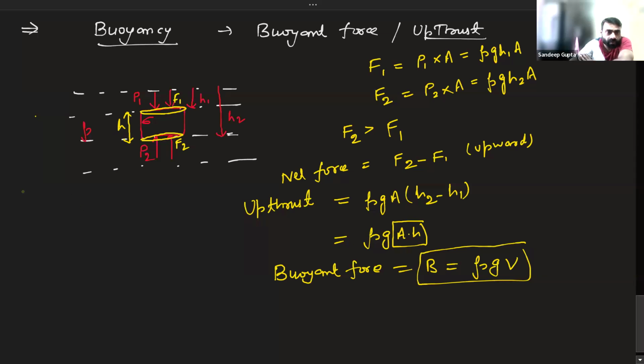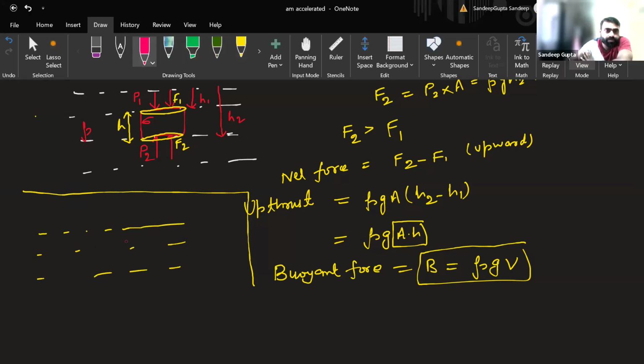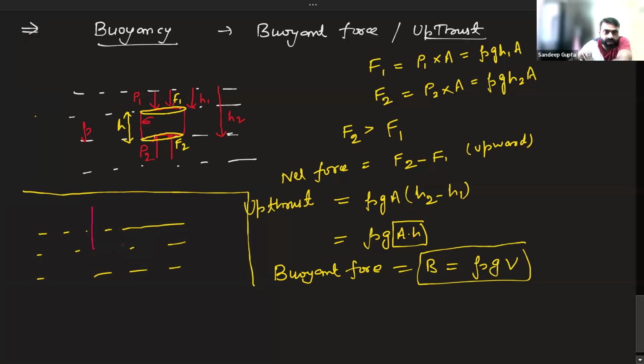Here one thing you have to be clear: if the body is not completely immersed in the liquid, it is partially immersed, let's suppose this type of immersion, then I have to take only the volume which is immersed to find the buoyant force.